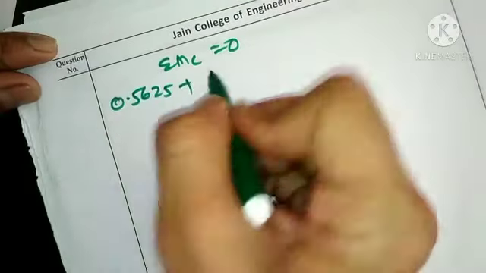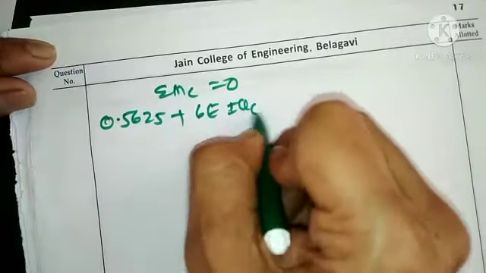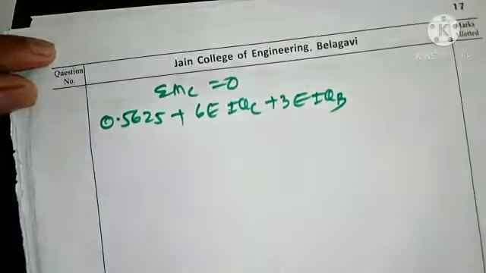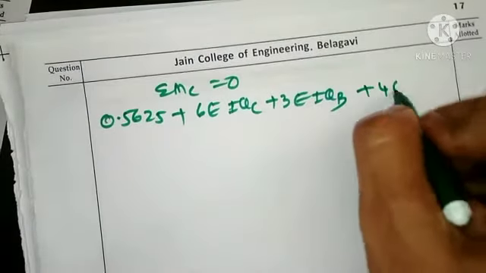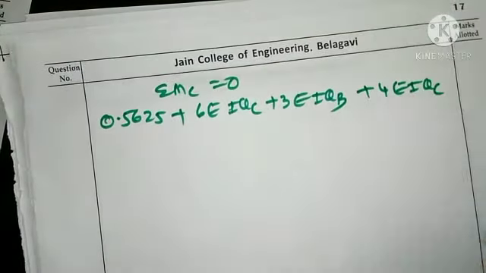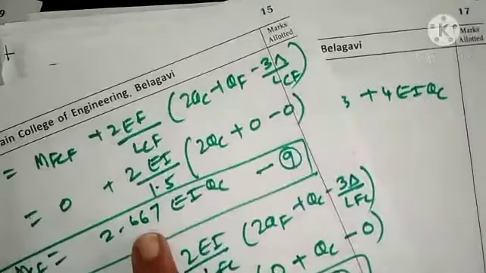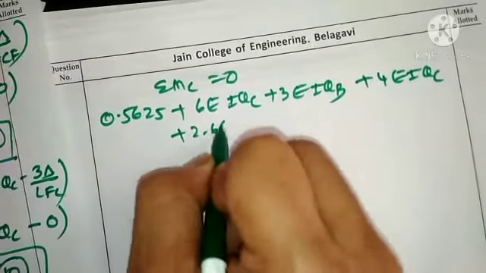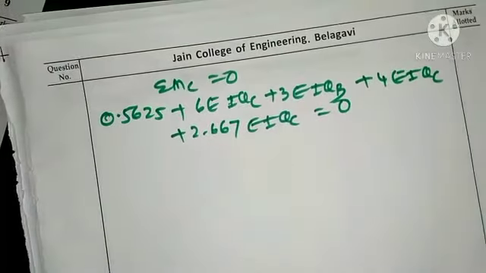0.5625 plus 6 EI theta C plus 3 EI theta B. Next equation number 5 will be plus 4 EI theta C. Next is equation number 9, which will be 2.667 EI theta C, that is equal to 0.